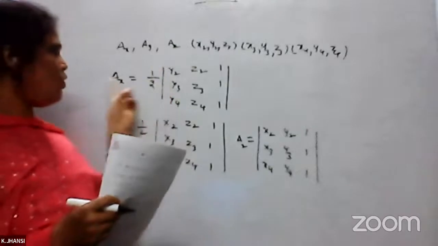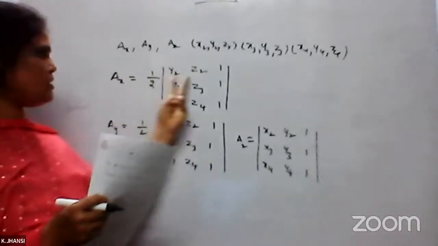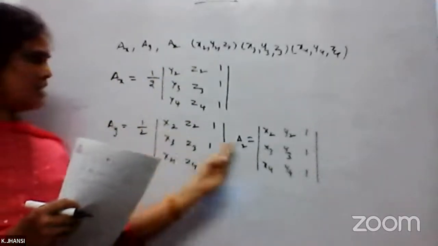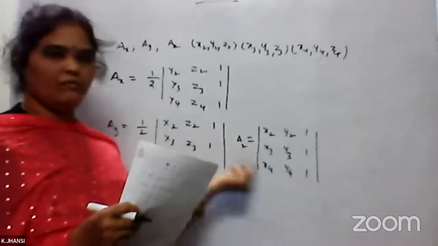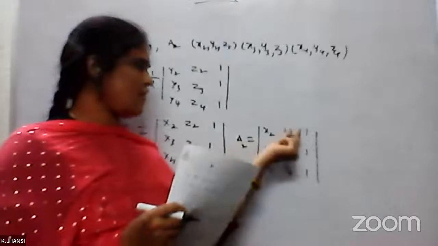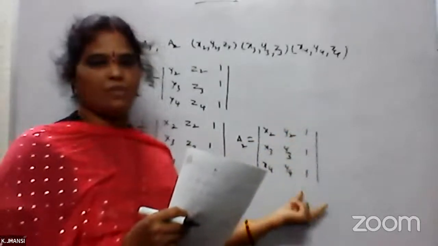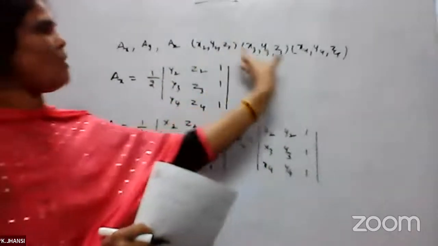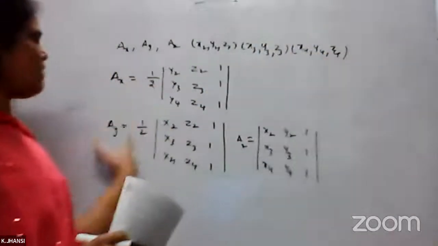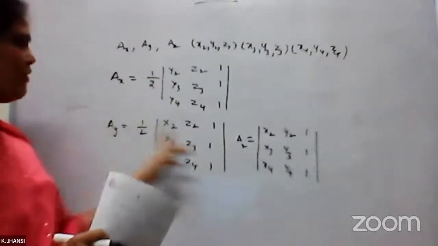So if it is X, it means YZ; Y means XZ; Z means XY. The variable with respect to which we are finding, those values will not be there in the formula. If you remember these three formulas, with the help of the given 3 points, you can find the areas AX, AY, AZ.